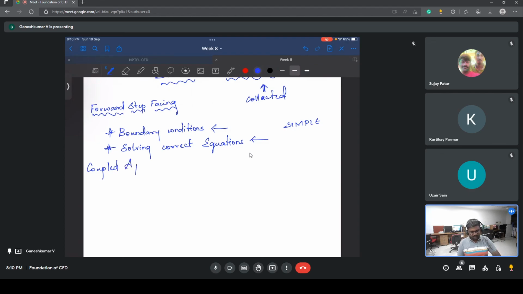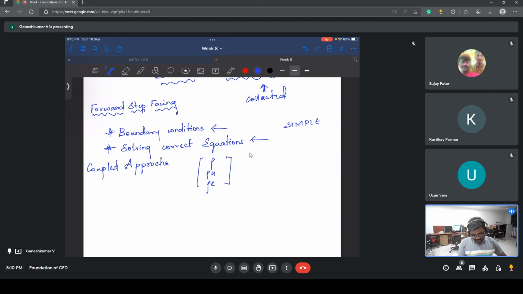We solve for rho, rho u and so on together. You can check about this in my previous sessions also. The solution algorithm is going to give you the correct solution, but you need to ensure that you are giving correct boundary conditions and solving the correct equations.